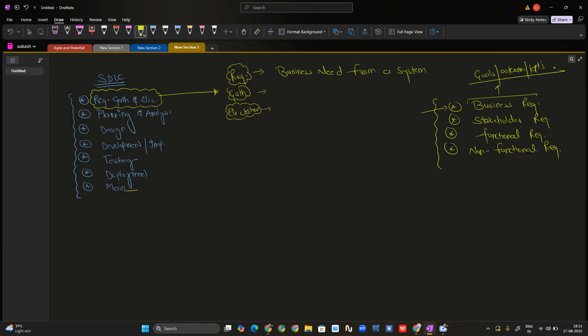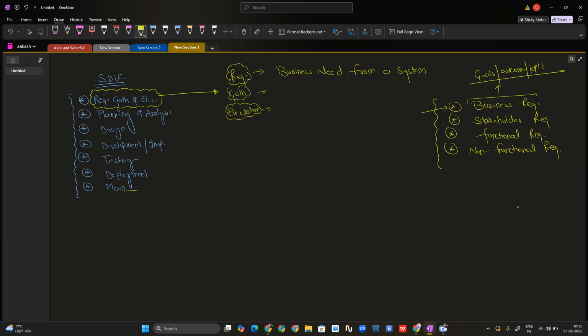And stakeholder requirement is what? First of all, tell me how many types of stakeholders are there. Two types. Correct. Internal and external stakeholders. So the stakeholder requirement is related to what each stakeholder group needs. Why? Because different projects involve different departments.